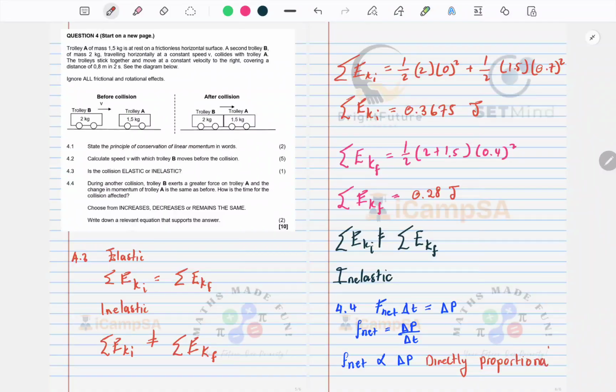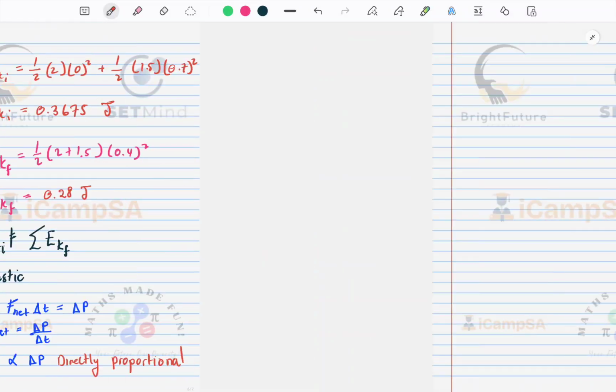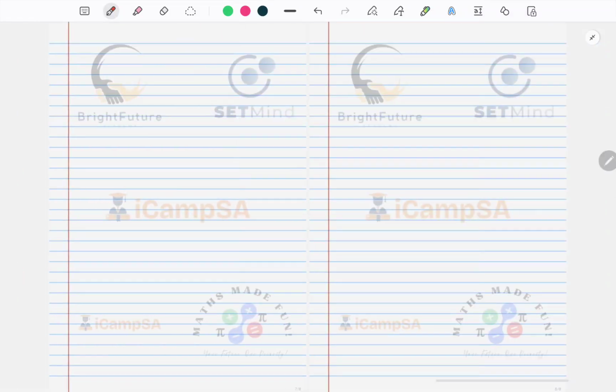That means if you increase your change in momentum, F net is going to increase. And then let's write the same equation. We've got the change in P over the change in time. So what this means is that F net is inversely proportional to the change in time.